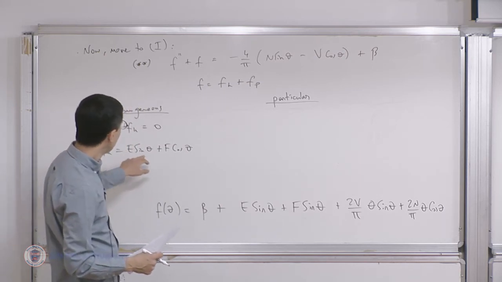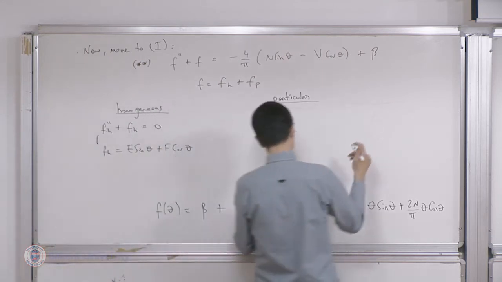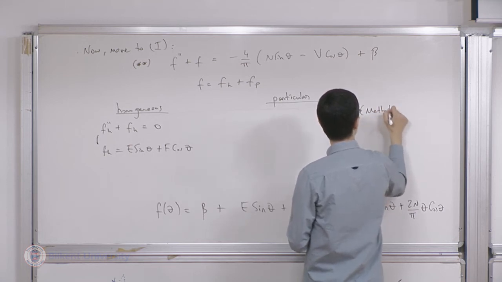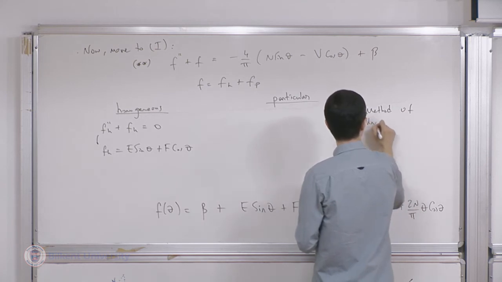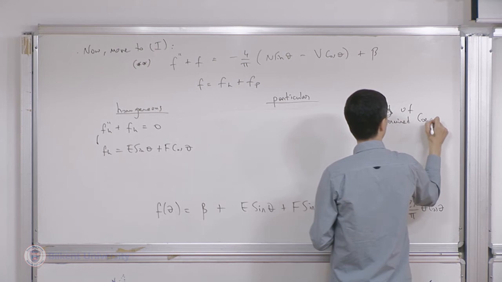In this case, when we seek the particular solution, we are going to use the method of undetermined coefficients. When you look at the classification, there isn't always only one method. There can be more than one method that applies to a certain case.